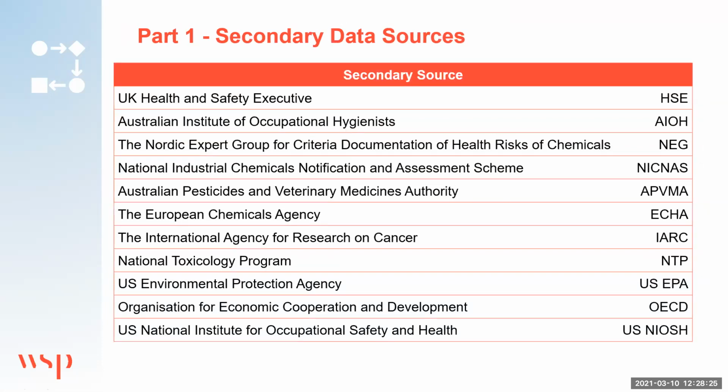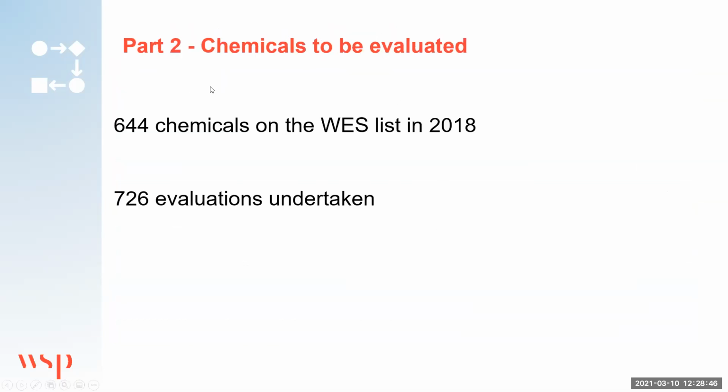These are the secondary sources. These were used where there were data gaps, or when we used a weight of evidence approach due to uncertainty in the primary sources. So remember, there's 3 parts to the overarching methodology. The second part was picking which chemicals need to be evaluated.